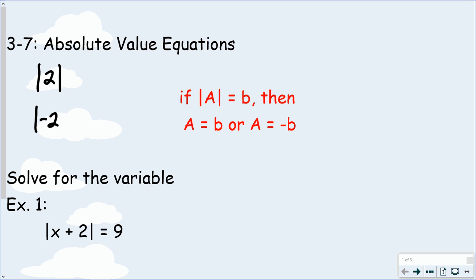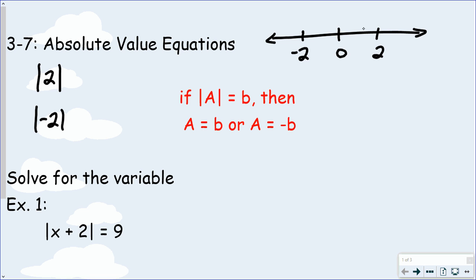And so let's look at the absolute value of 2 and the absolute value of -2. The definition of absolute value is a number's distance from 0 on a number line. So if you think about a number line, and we've got 0 here in the middle, say 2 is here, and -2 is here.